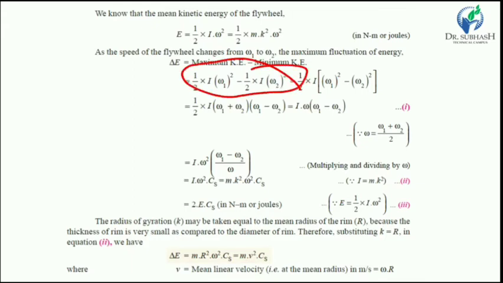So this is the difference between the maximum kinetic energy and the minimum kinetic energy, which gives the maximum fluctuation of energy during the cycle. As shown in the slide, the 1 half is taken out and I is taken out of the bracket, leaving omega 1 square minus omega 2 square.